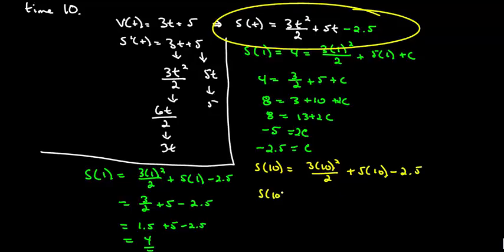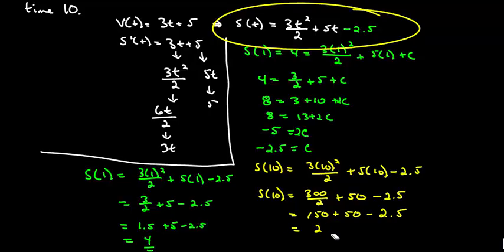So that's 3 times 100, or 300 over 2, which is 150, plus 50, minus 2.5. So 150 plus 50 is 250.